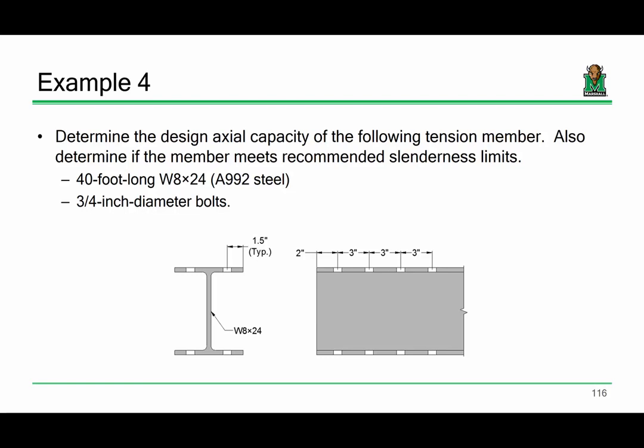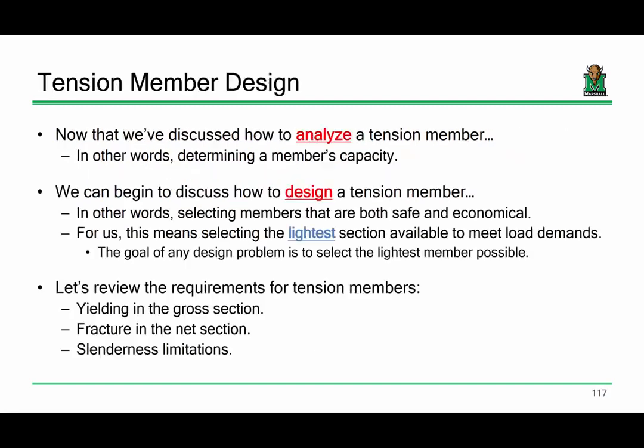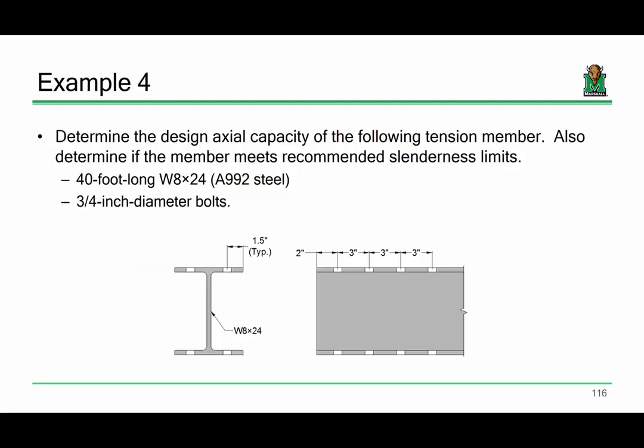We have a tension member, and we are going to determine the capacity. If you can determine the capacity of this section, the next question you can ask is how do we determine what member we need to select in order to properly resist these loads? And that is design.